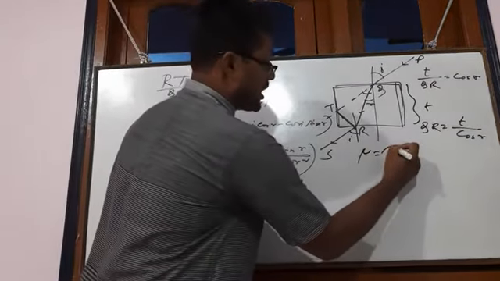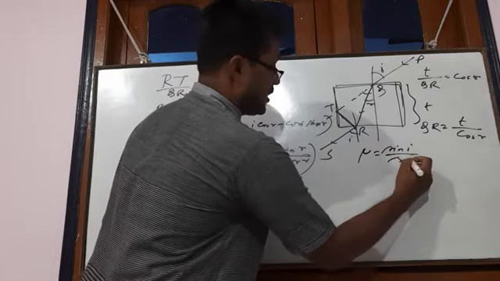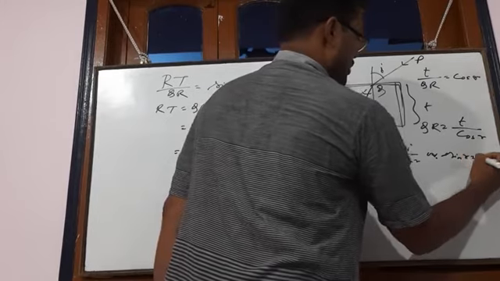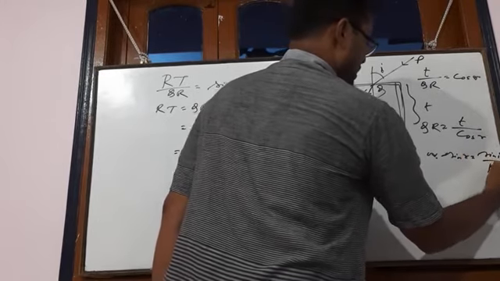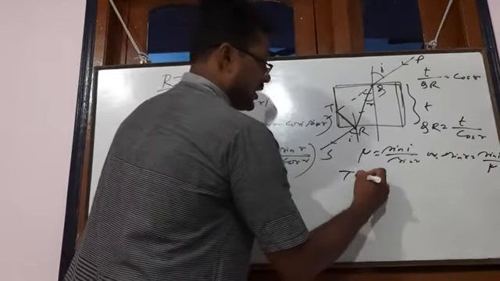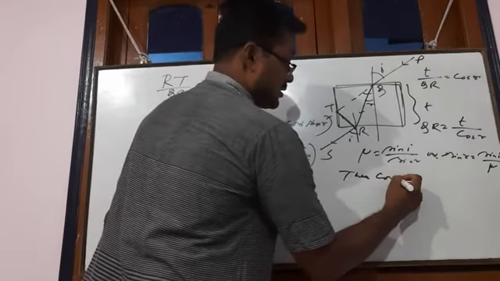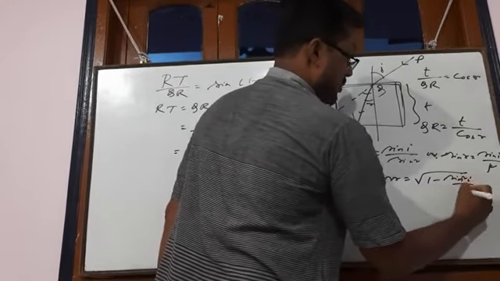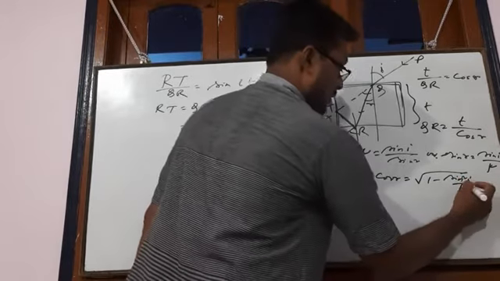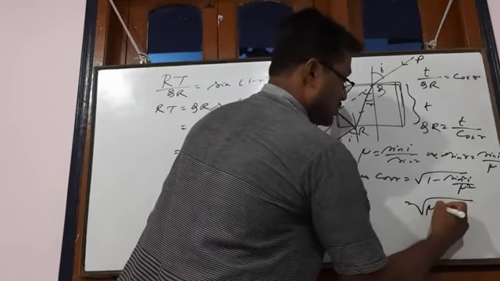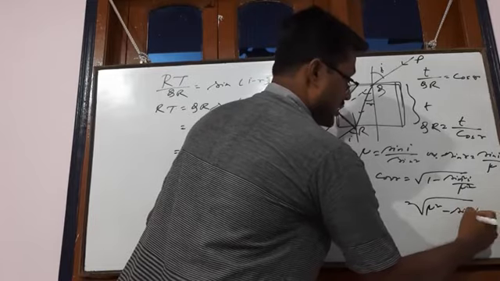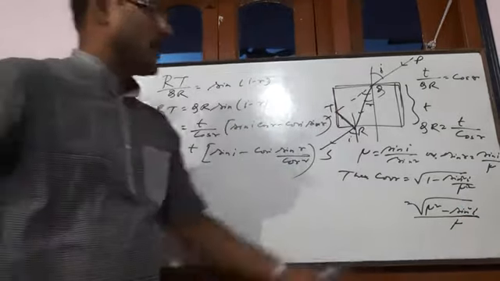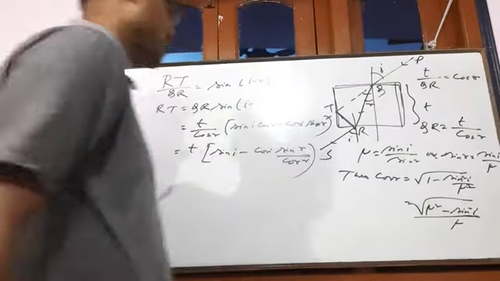Mu equals sine I by sine R, or sine R equals sine I by mu. Then cos R equals root over 1 minus sine square I by mu square. So here we can write root over mu square minus sine square I, by mu. Now we have two values, sin R and cos R. We can put them here.